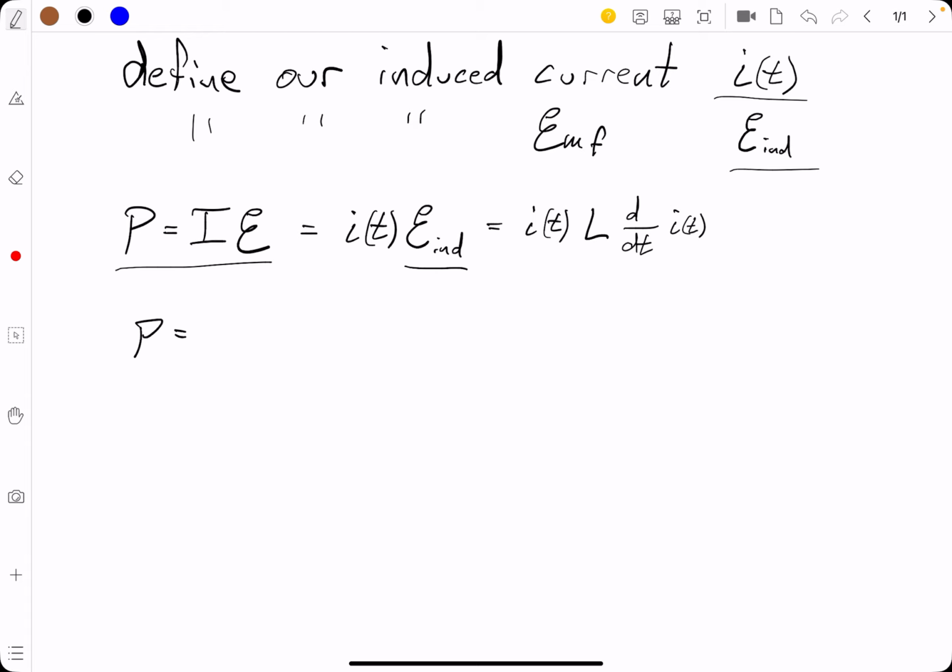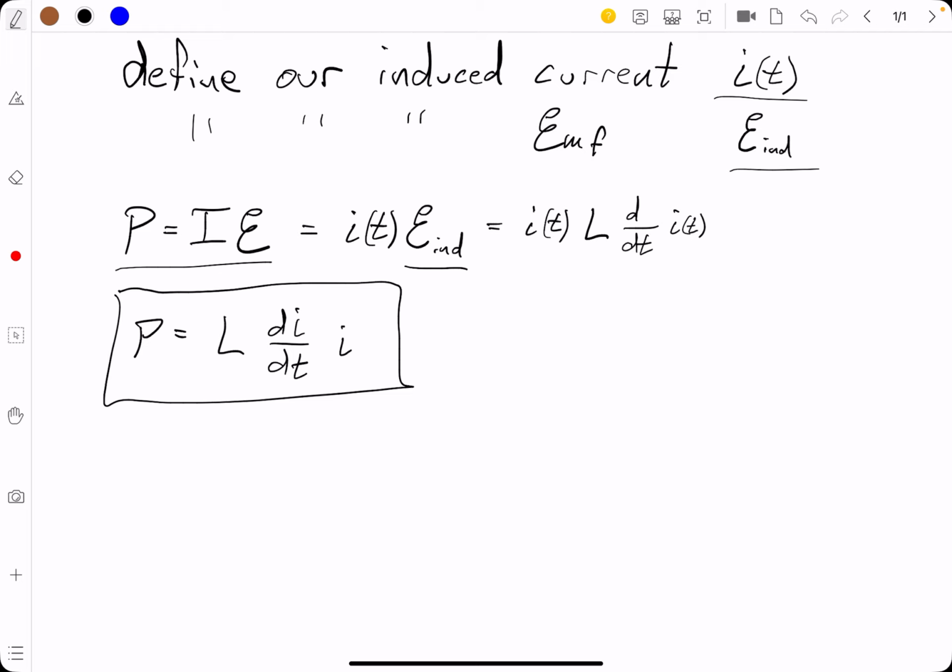I think that's about as good as it gets, frankly. Let's leave the t off of i of t and try and write this in a nice way, and box it in so it looks more official.